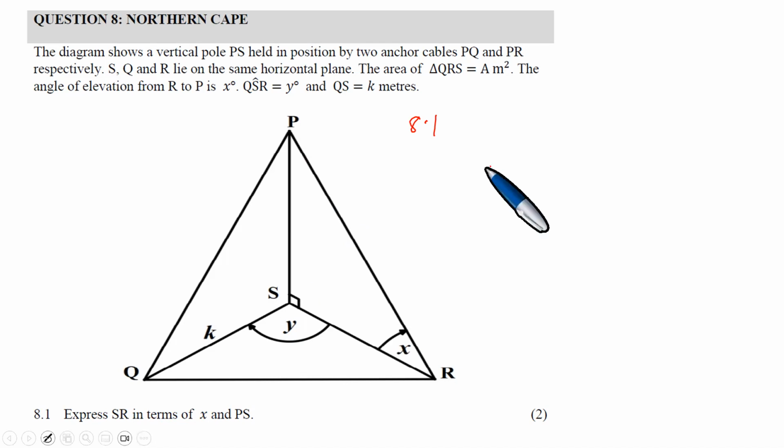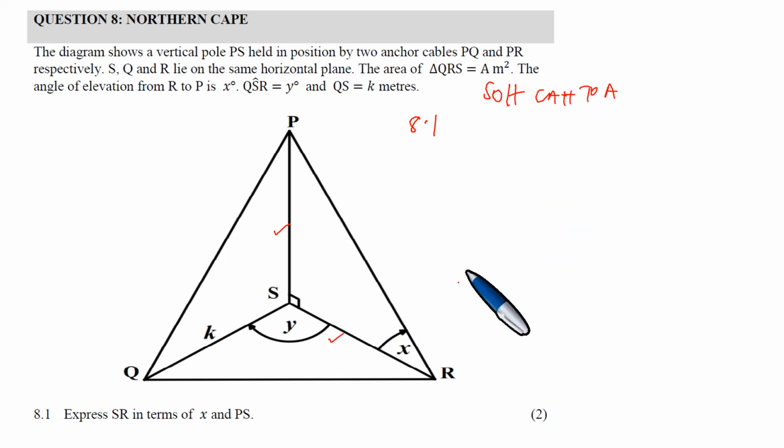So we recall that we are dealing with trigonometry. SOHCAHTOA must come to our minds. At this point we want to connect SR, the adjacent side, to the opposite. If you have the adjacent and the opposite, it is the tangent that relates the two sides. And then we have the angle X there.